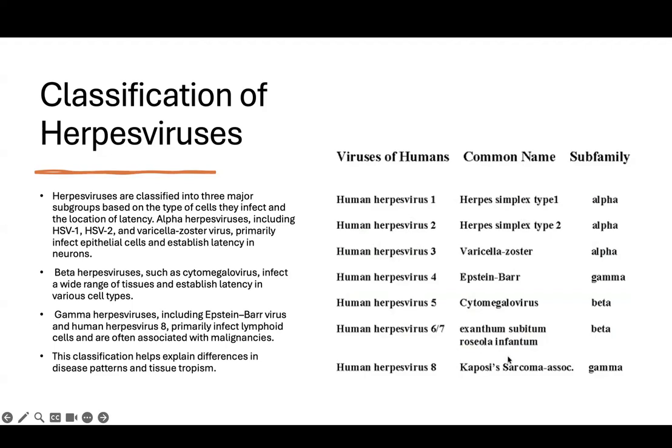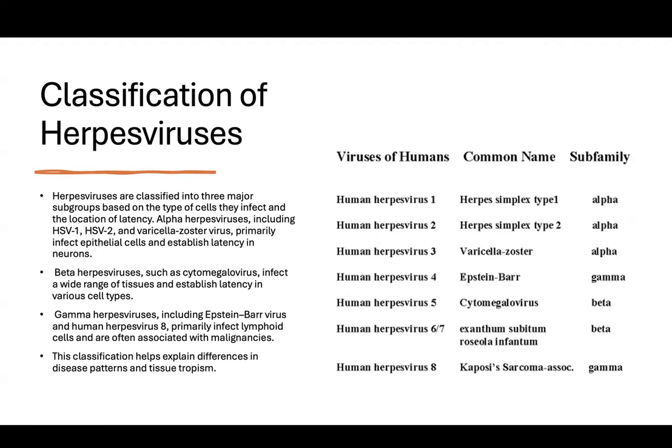I need you guys to know the common name and the subfamily, because the subfamily really determines the disease pattern, but also more importantly, the tissue tropism. Because we have your alpha herpes viruses. These are your herpes simplex type 1, type 2, and your varicella zoster virus.